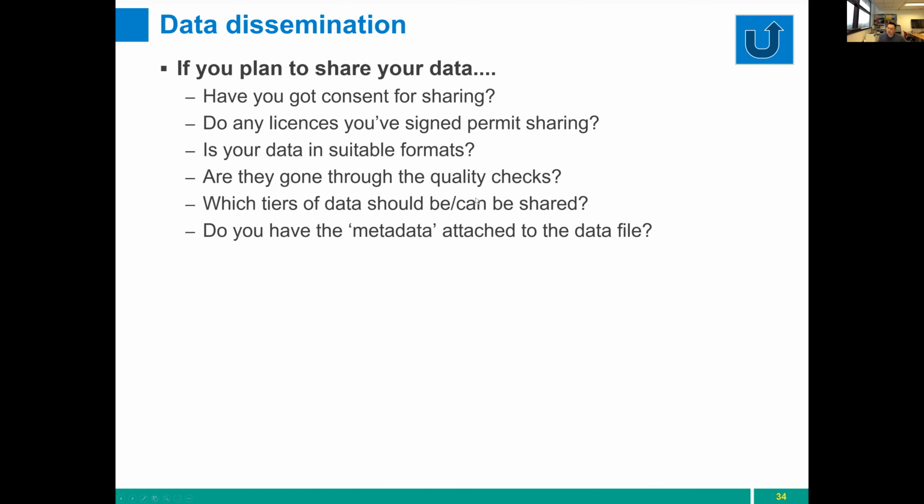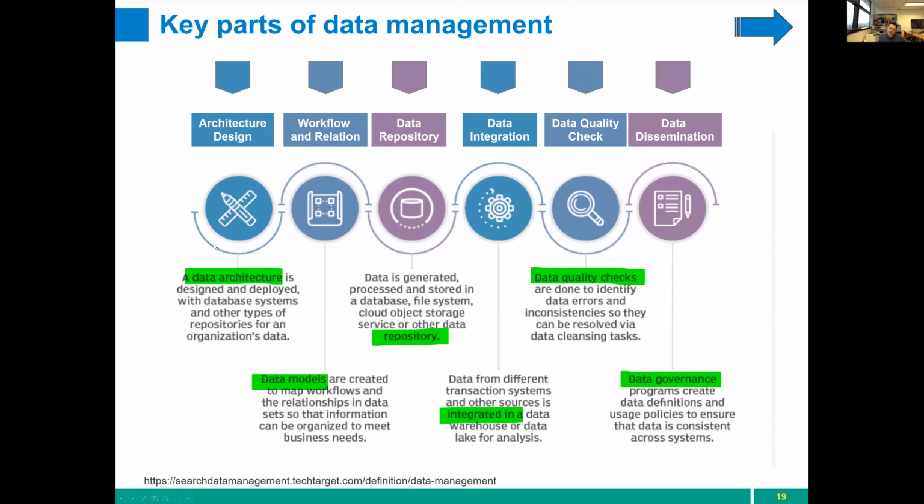So here we come back to this slide again. What I have gone through is the architecture design for your database and your data sets, the structure of your data. Once we say structure, it's not chaotic, it's organized.